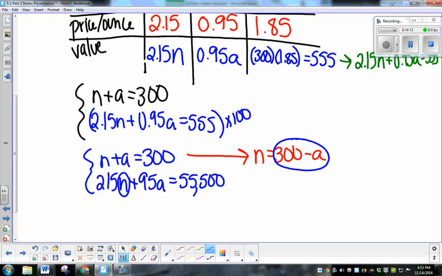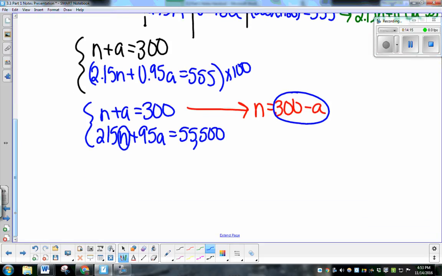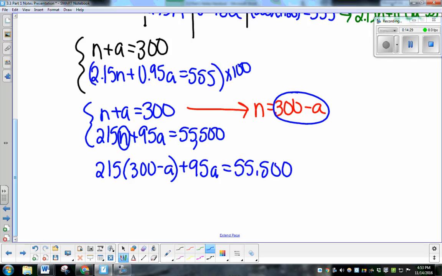So I'm going to rewrite the second equation with that N plugged in. So it's 215 times 300 minus A, that's N, plus 95A equals 55,500.